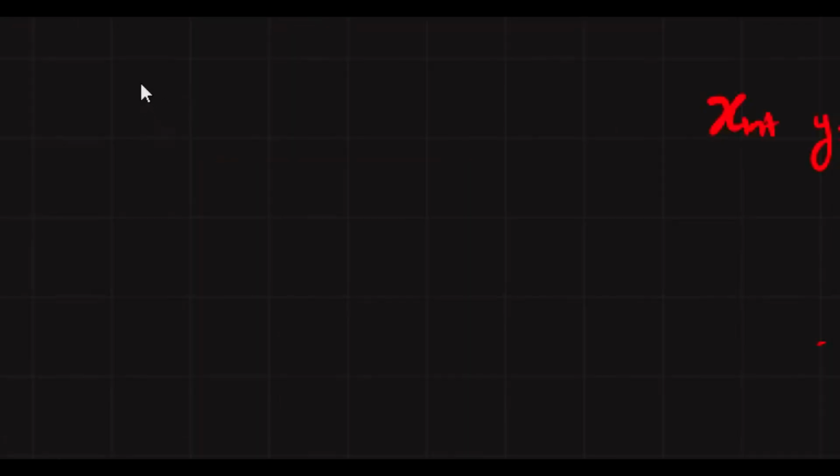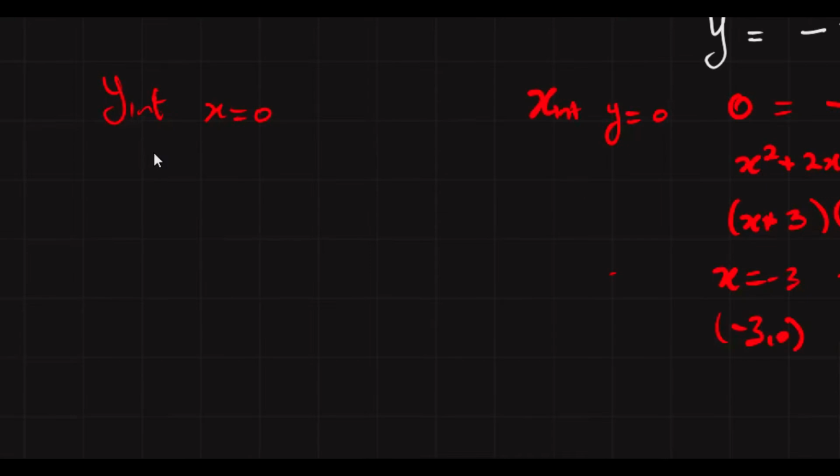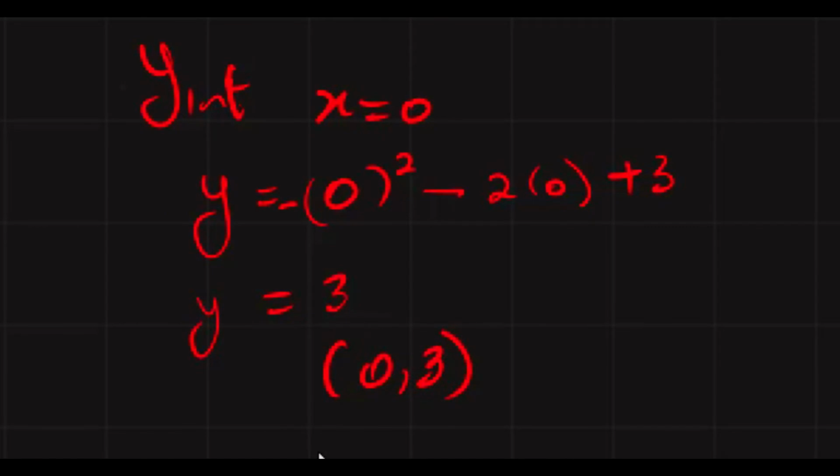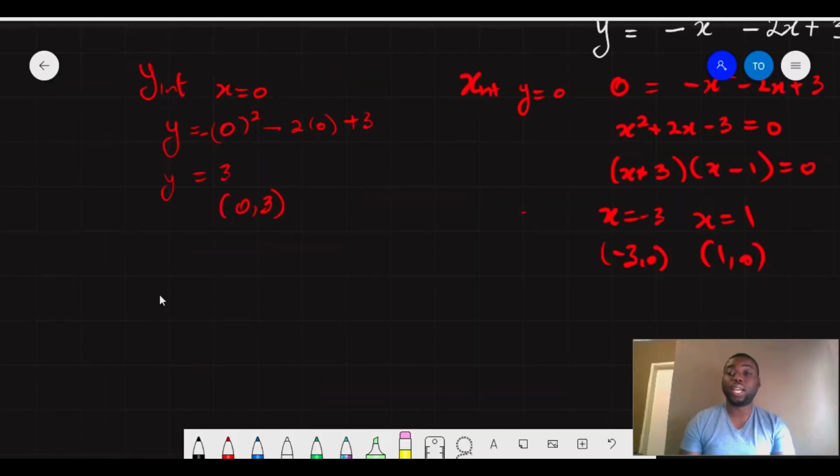Next we get our y-intercept. We substitute x as 0. So our y-intercept is 0 and 3. Finally we'll get the turning point. The turning point has an x coordinate and a y coordinate, so we need to get the x coordinate first. After we get that, we substitute the x coordinate back into the original equation to get the y coordinate.